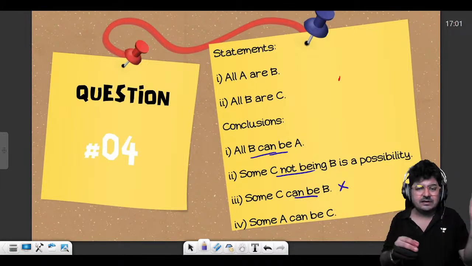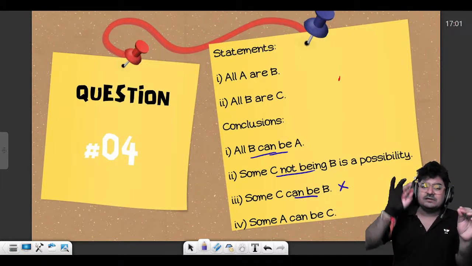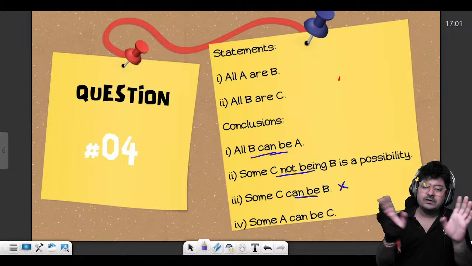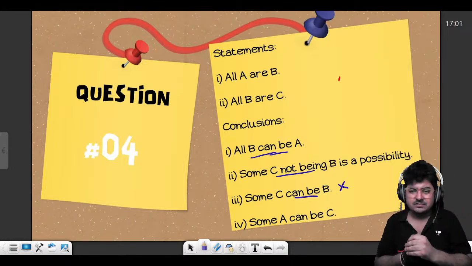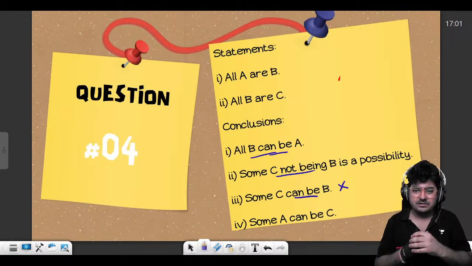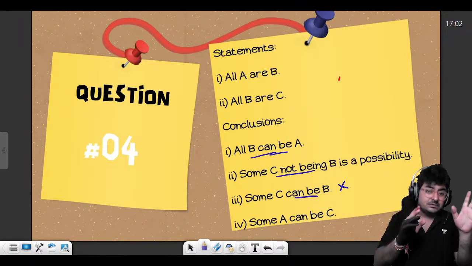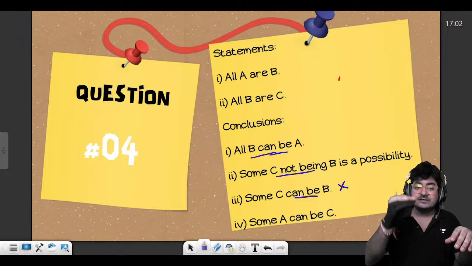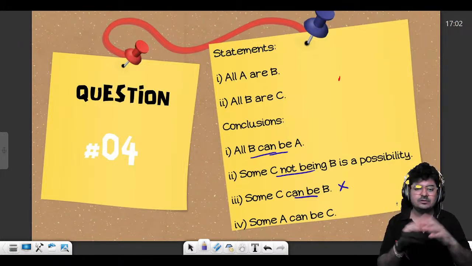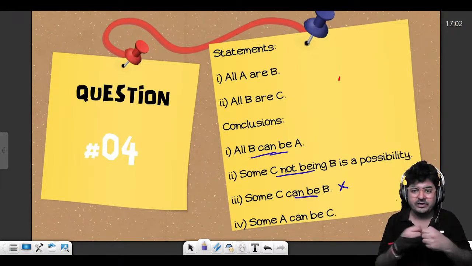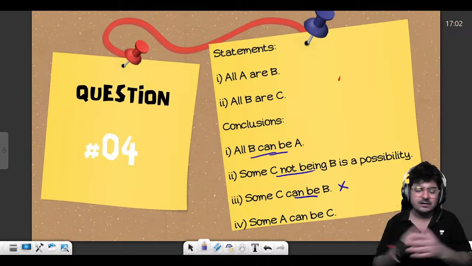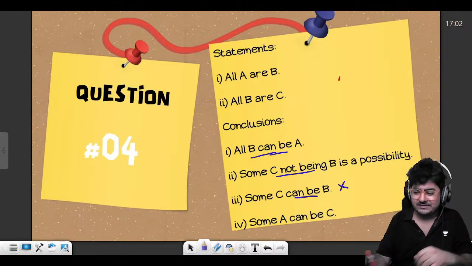There are two statements: some C can be B, and some C are B. Which one will you select as more accurate and factual? Some C are B, right? So obviously the third is false.